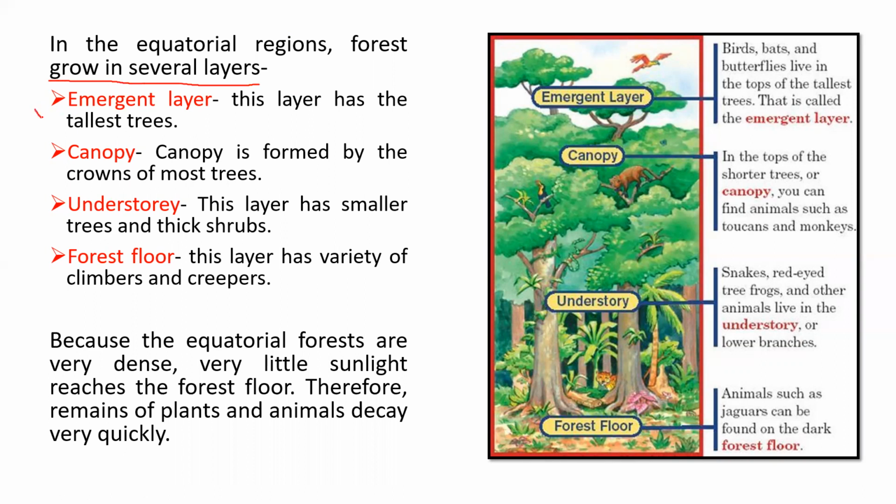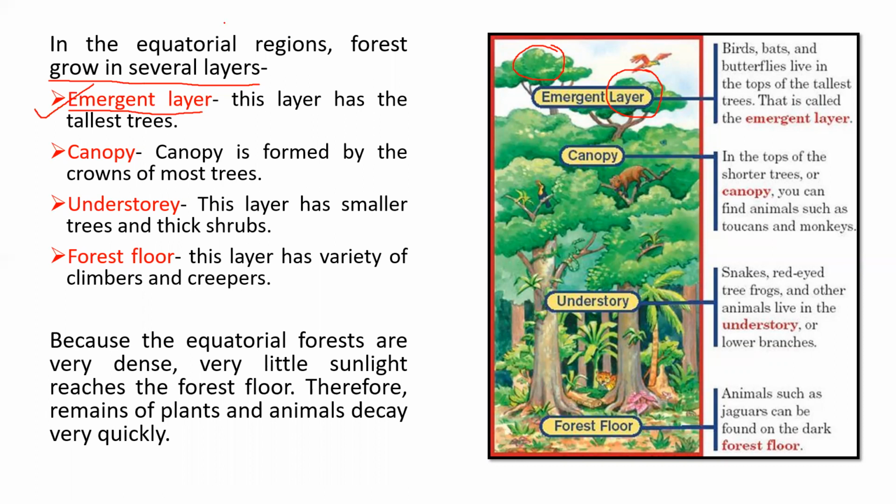The first one is the emergent layer. The emergent layer is the layer which has the tallest trees. See the picture? All these trees growing in a scattered way, these are the emergent layer. They are all the tallest trees of the forest.